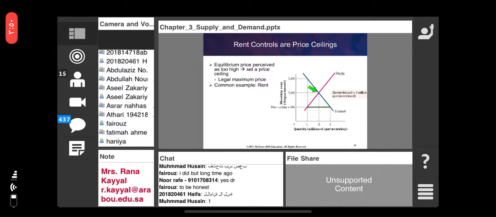On the other side, for demand, the price was 1000 and the quantity 2 million. When the price decreases to 800, the quantity demanded becomes 3 million. So when the price decreases, the quantity supplied decreases and the quantity demanded increases.